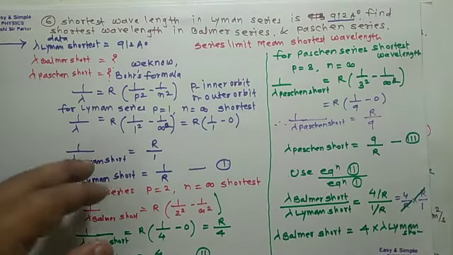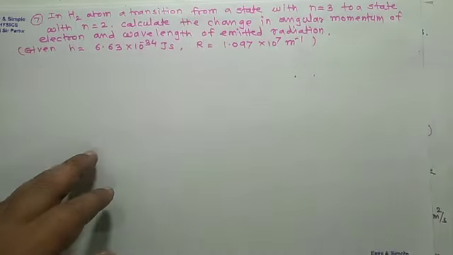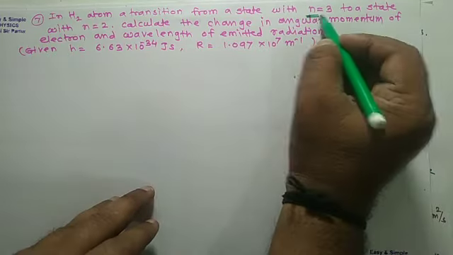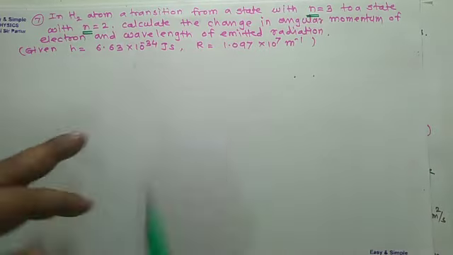That example will be, in hydrogen atom, the transition from a state with n equal to 3 to a state with n equal to 2. See here, n equal to 3 and n equal to 2.